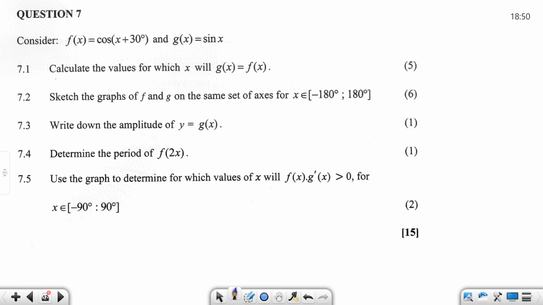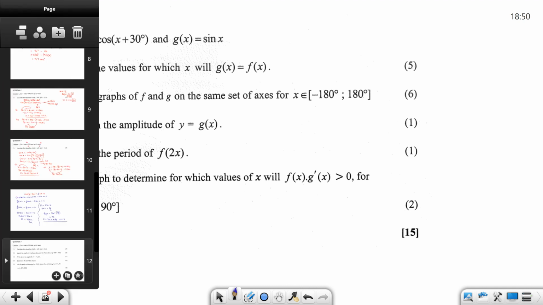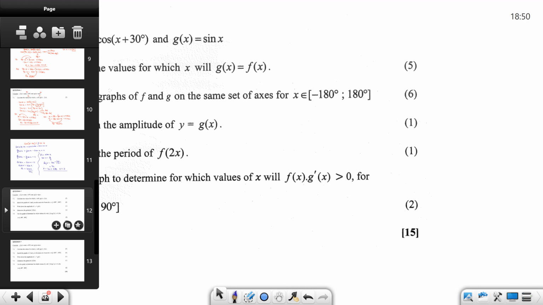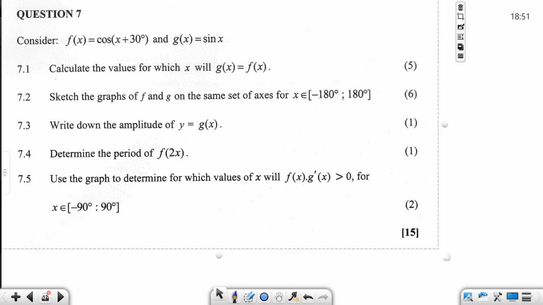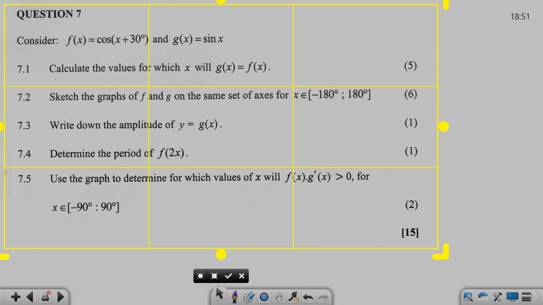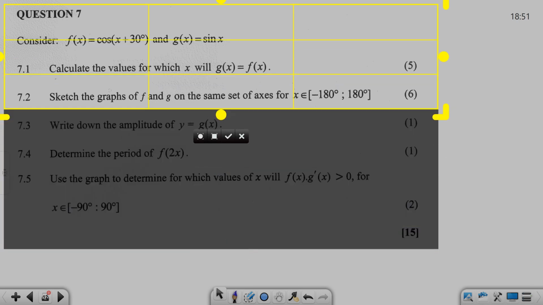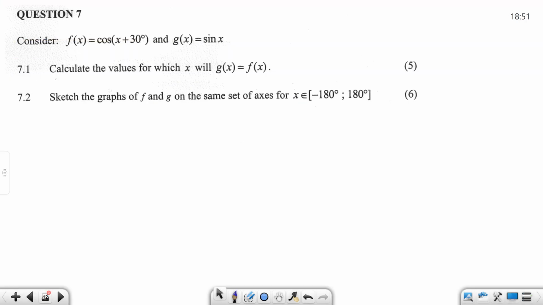All right, guys, I want us to sketch. Can we sketch? What are the steps of sketching, guys? Please, the most important thing is to understand your steps.